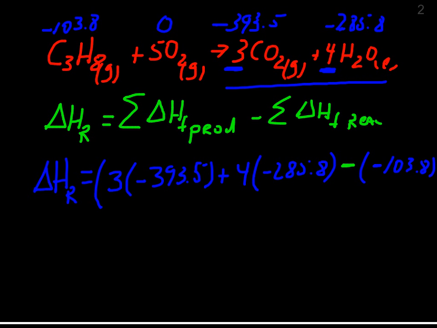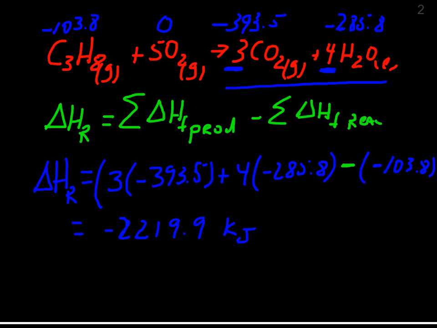The only trick is making sure that all the signs and everything work correctly. But when I solve that, I'm going to get minus 2219.9 kilojoules of heat coming out of that. So I just figured out how much energy would be produced with that reaction based off of thermodynamic tables.